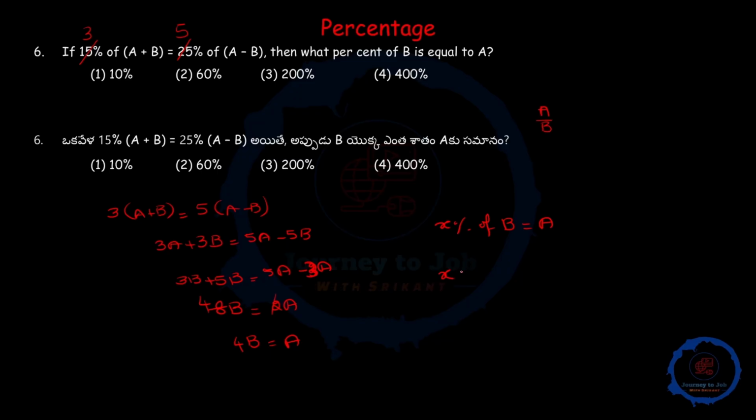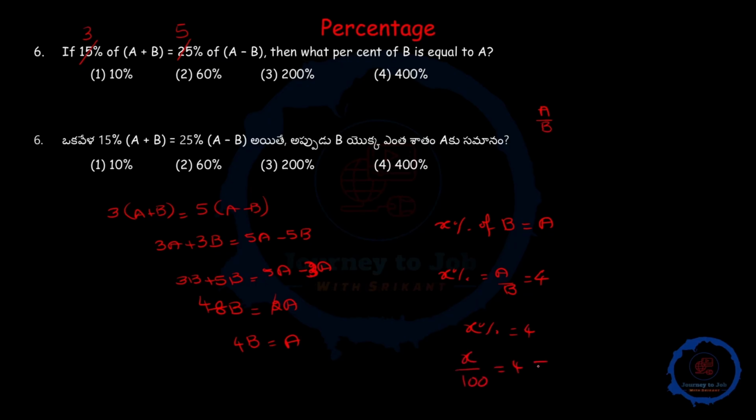Now x percent is equal to A by B. So what is A by B? If you bring B here, only 4 will remain. So 4 means fraction, how much? X percentage is equal to 4 means x by 100 is equal to 4.